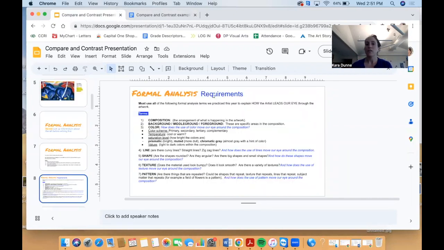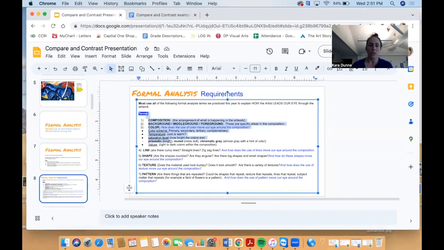The formal analysis requirements are listed in my presentation. They don't have to be in yours. So my presentation has more slides than what is going to be required of you because I've added information slides. This is information about what you need to have in your formal analysis. These are all the words that you need to have within your formal analysis.